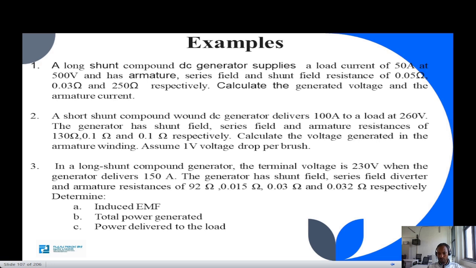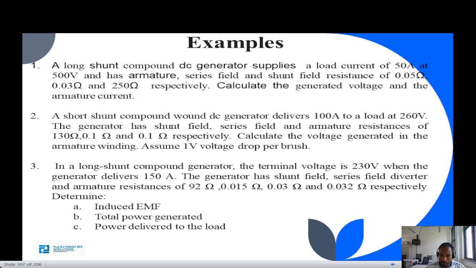Determine induced EMF, total power generated, and power delivered to the load. That is what it is requesting.